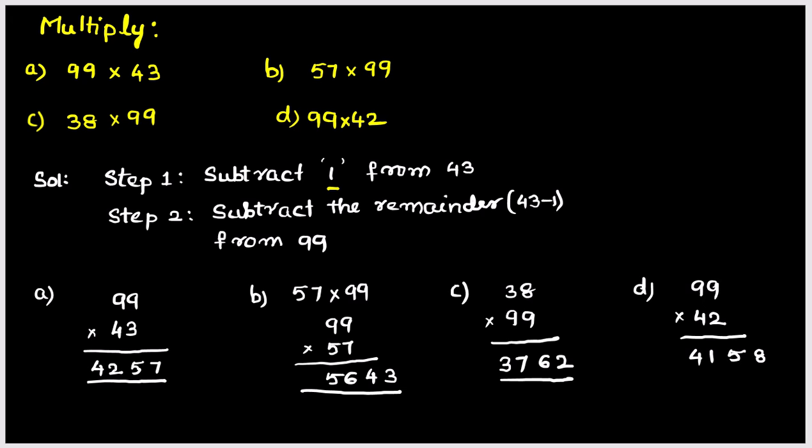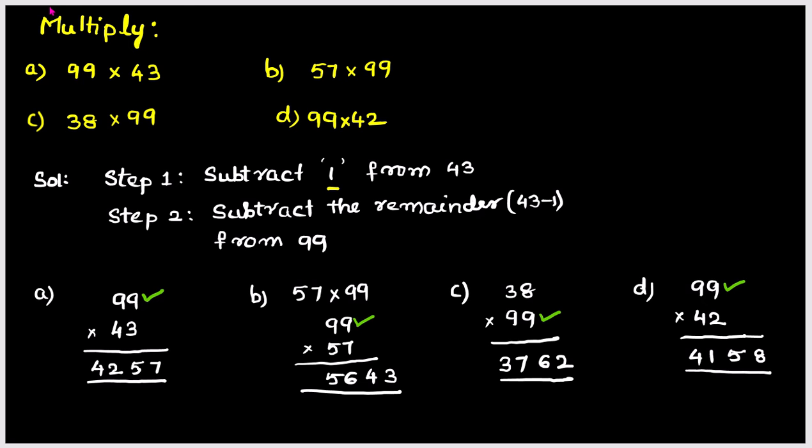So 4158 is the product. So in this way, what is the common number we have taken? That is 99. In every product 99 is common, and from whatever the other 2-digit number, first we have to subtract 1. Again the remainder should be subtracted from 99. So this is the process.